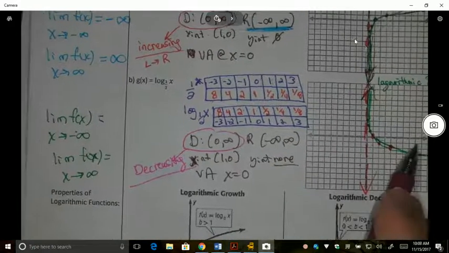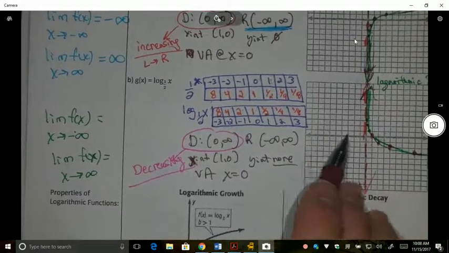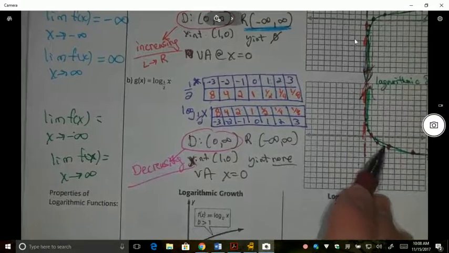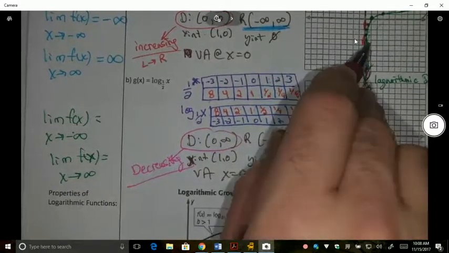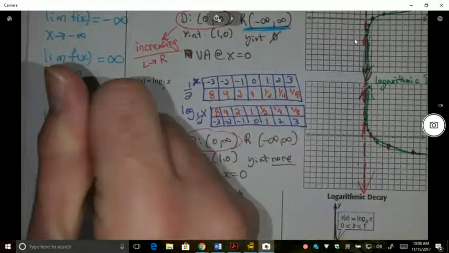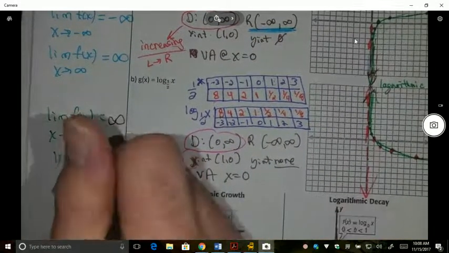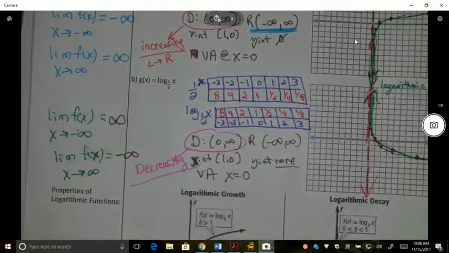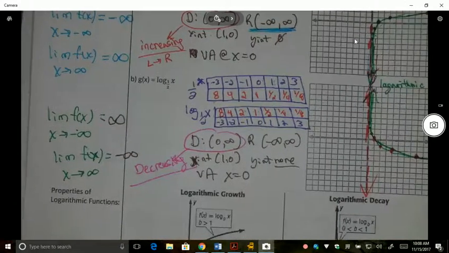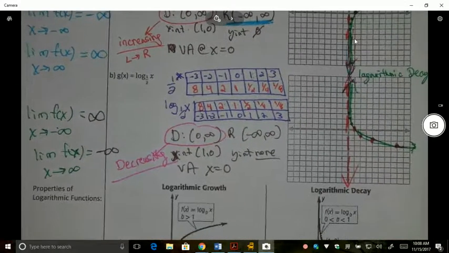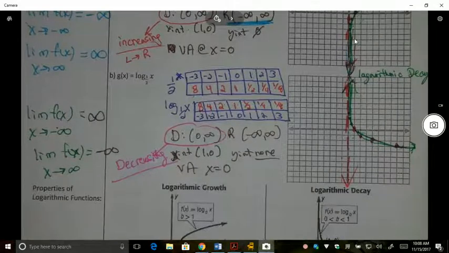Yep, as I go to the left, even though I can't go any further left than 0, as you get closer and closer, it's shooting up, so you are correct. This one's +infinity, and as I go to the right, the graph is going down, so that's -infinity. Any questions on that?